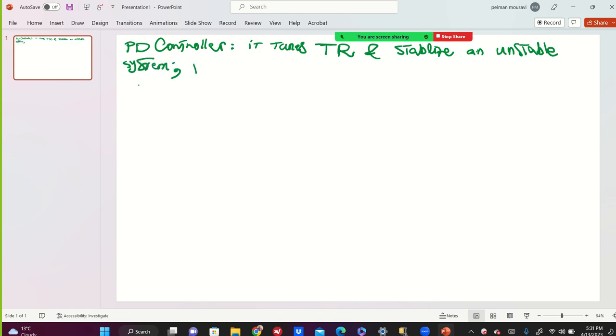Specifically, if you remember, P was tuning the natural frequency of the system. And the D also tuning, adding damping to the system, zeta kind of, and stabilizing the system.